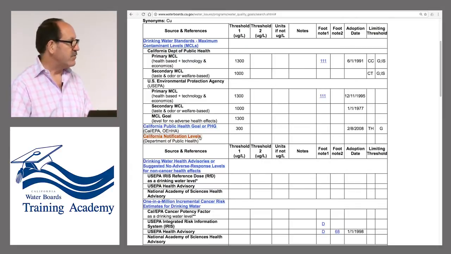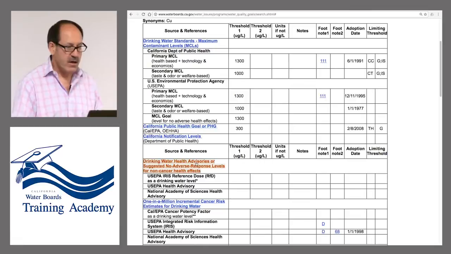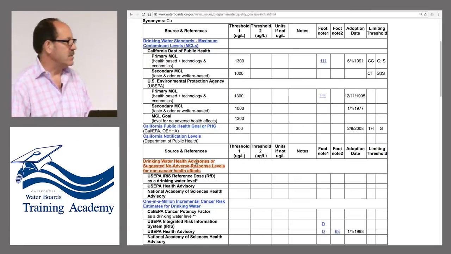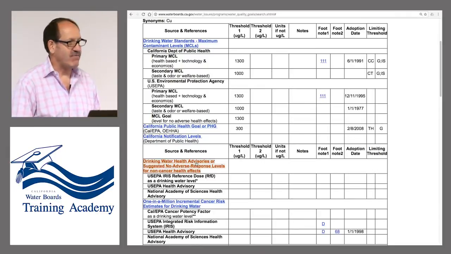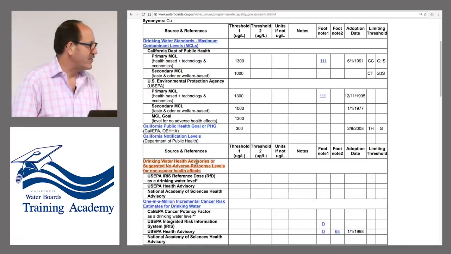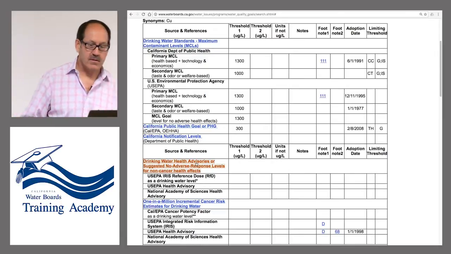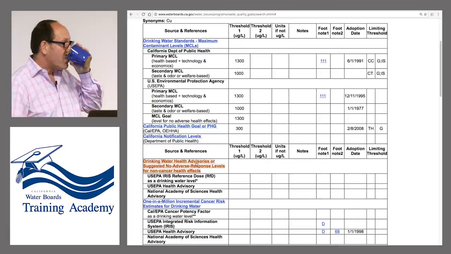John? Yes. How come there's no adoption date for the secondary MCL and both? How come there's no adoption dates for the secondary MCL? Because that's been on the books longer than I started adding adoption dates to the database. And I haven't found my minions to go back and fill those in for me. Gotcha. And footnote 1 only applies to the primary MCL, so there is no footnote for the secondary. Just curious.